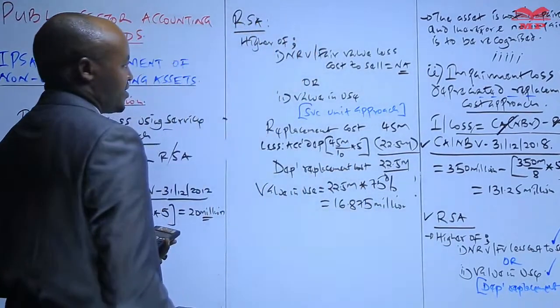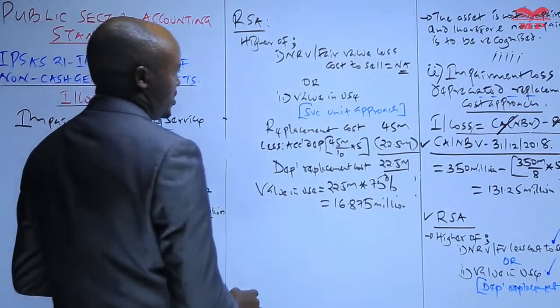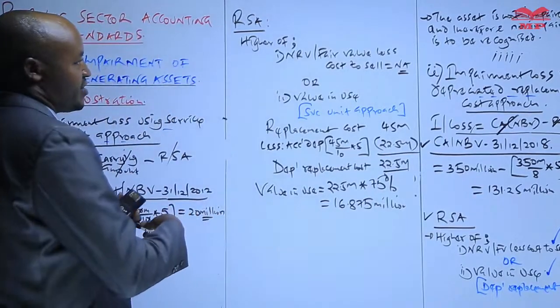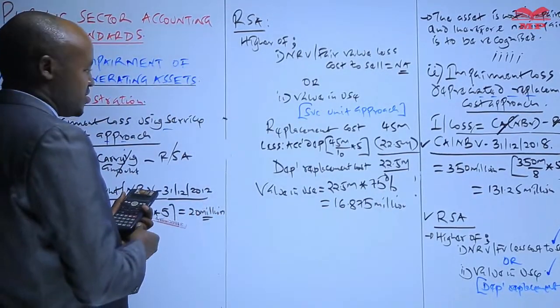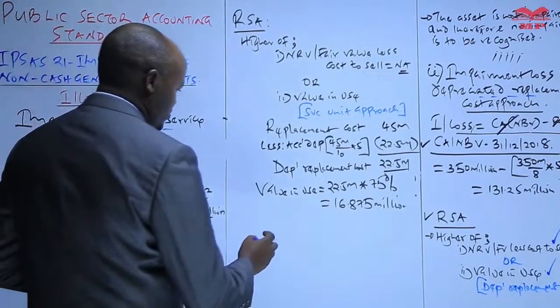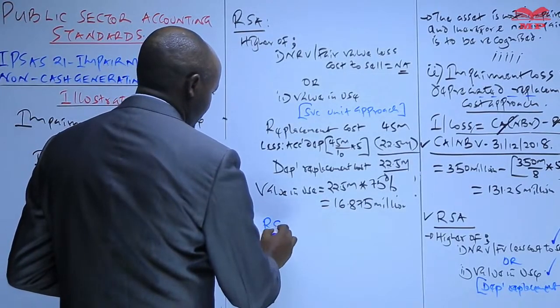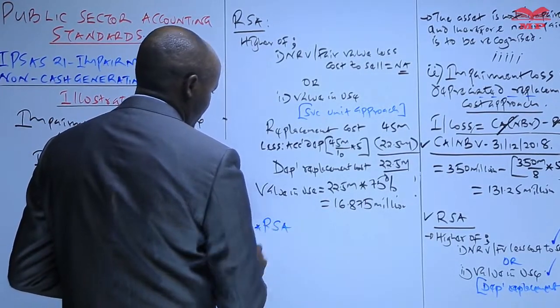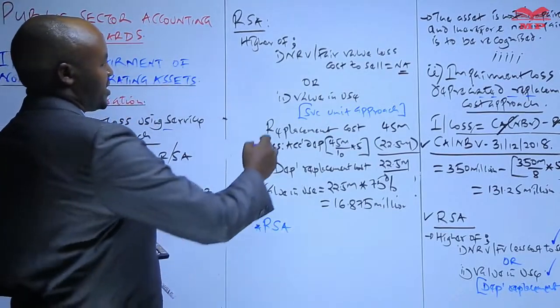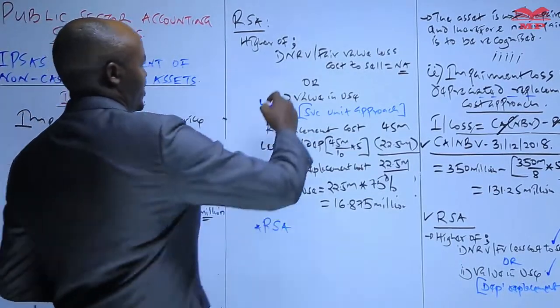And finally, what we need to do is to determine the recoverable service amount, which automatically will be the higher of these two values here.